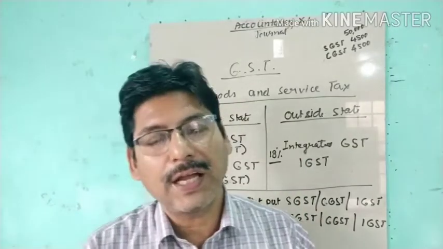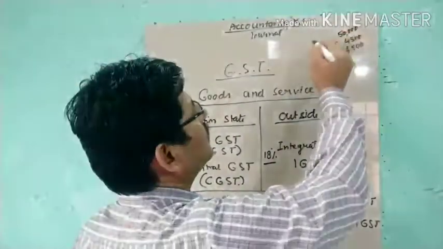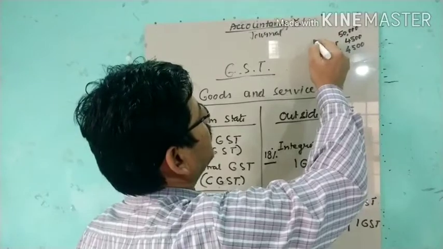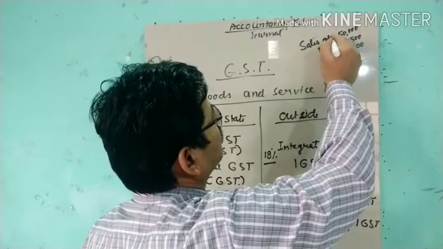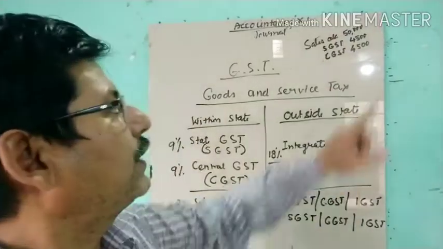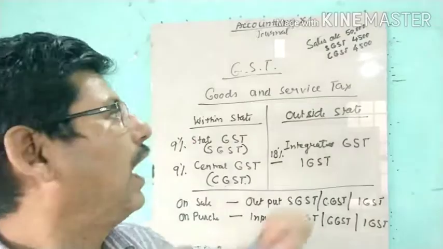In that case, we are selling the goods, so the sales account, 50,000 rupees will go in sales.